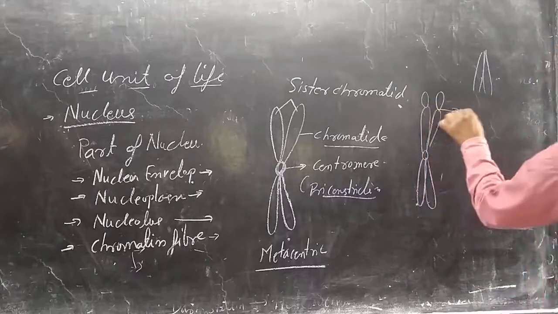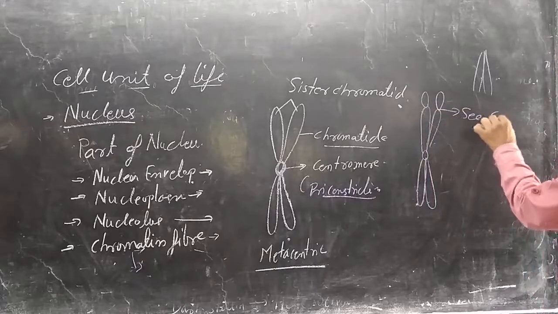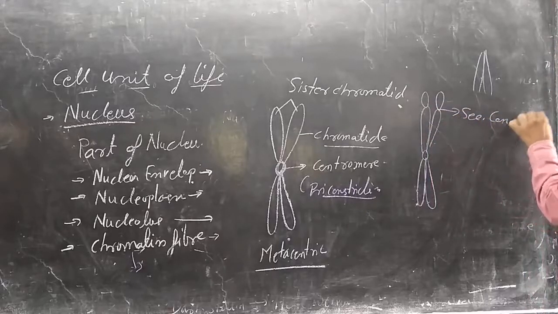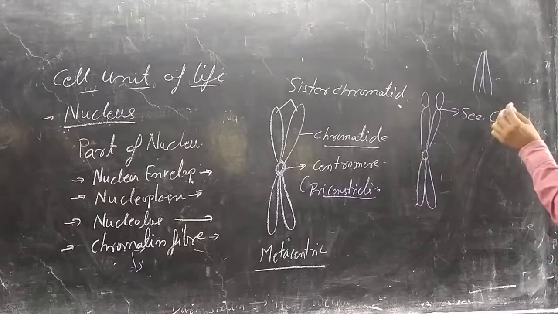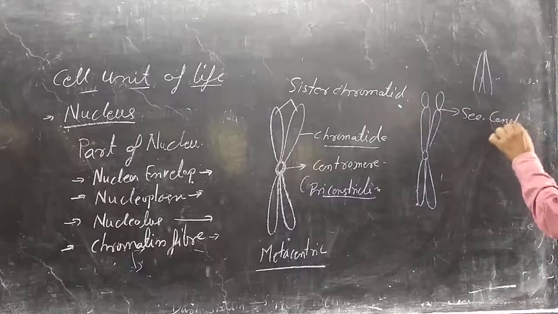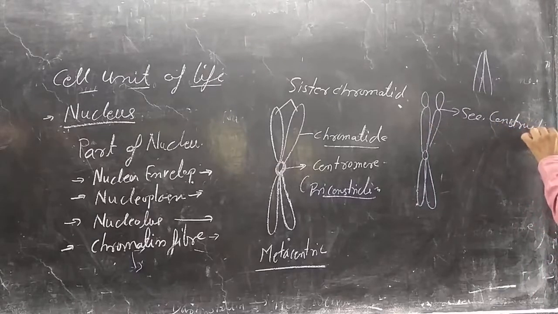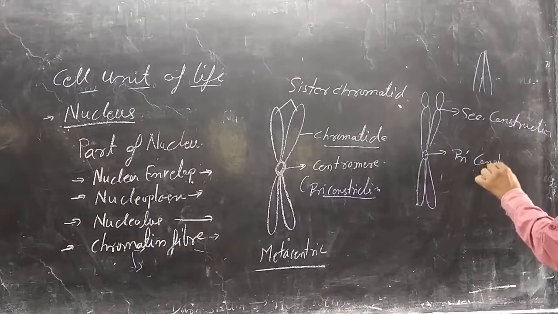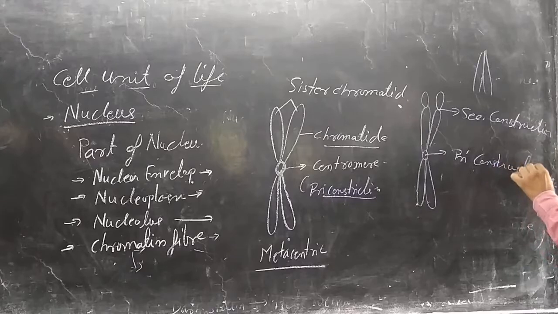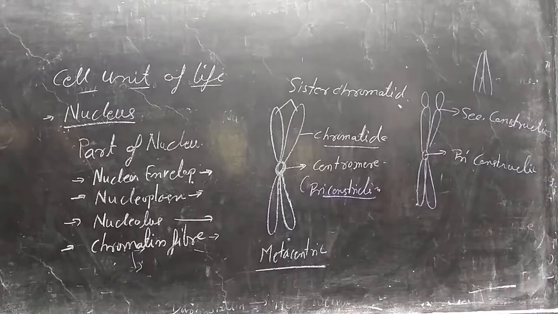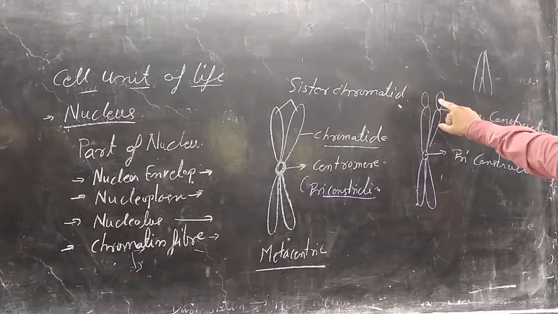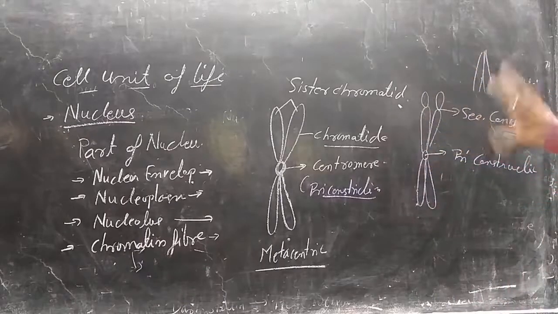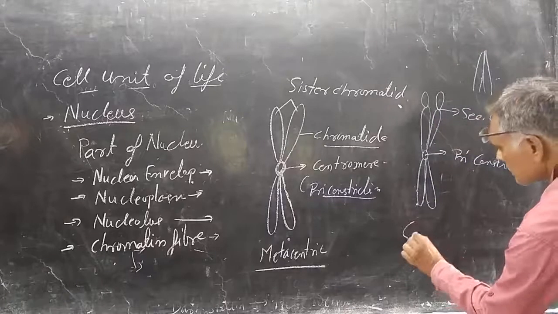This one is known as the secondary constriction. This one is your primary constriction. The secondary constriction is not present in all chromosomes. This portion is known as the satellite, and this chromosome is known as the SAT chromosome.